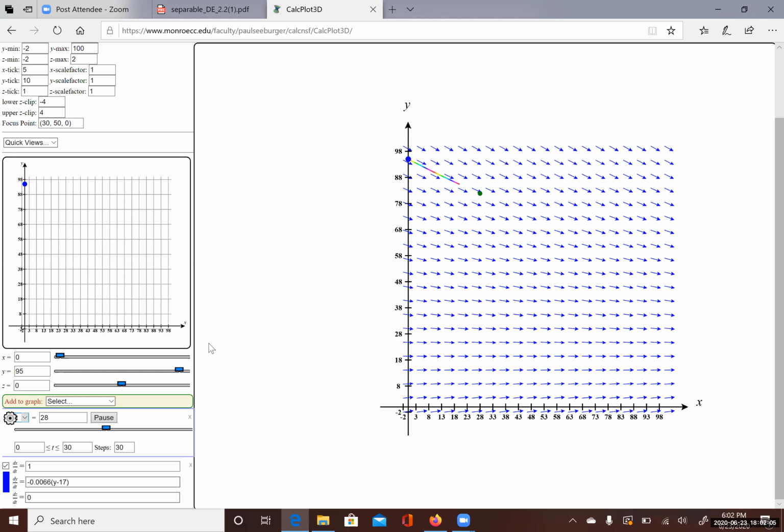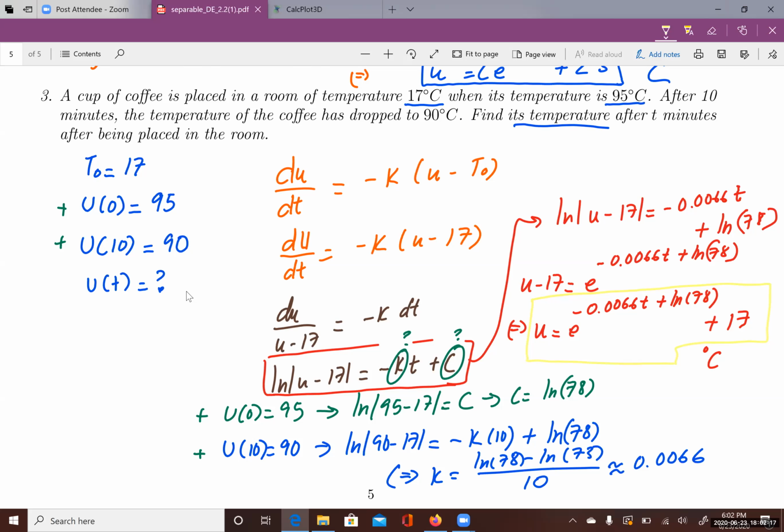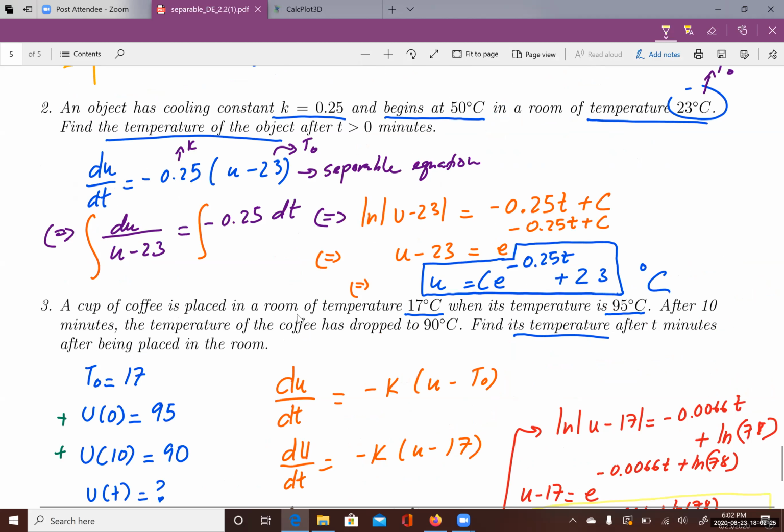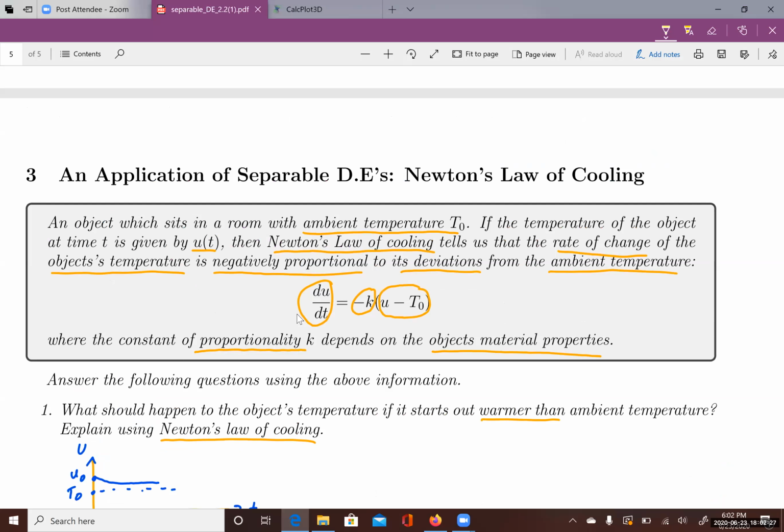So this is how you want to use Newton's law of cooling in order to find the equation that can model the temperature of certain objects, right? If that object is sitting in a room with ambient temperature, the temperature of the object is decreasing or increasing depending on the starting temperature compared with the ambient temperature.